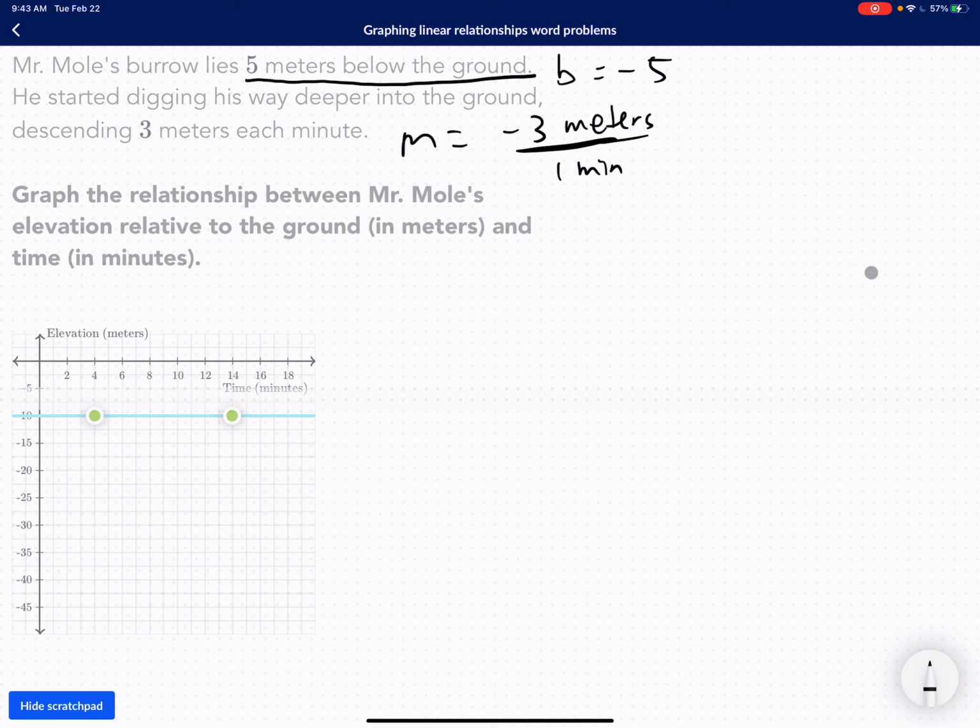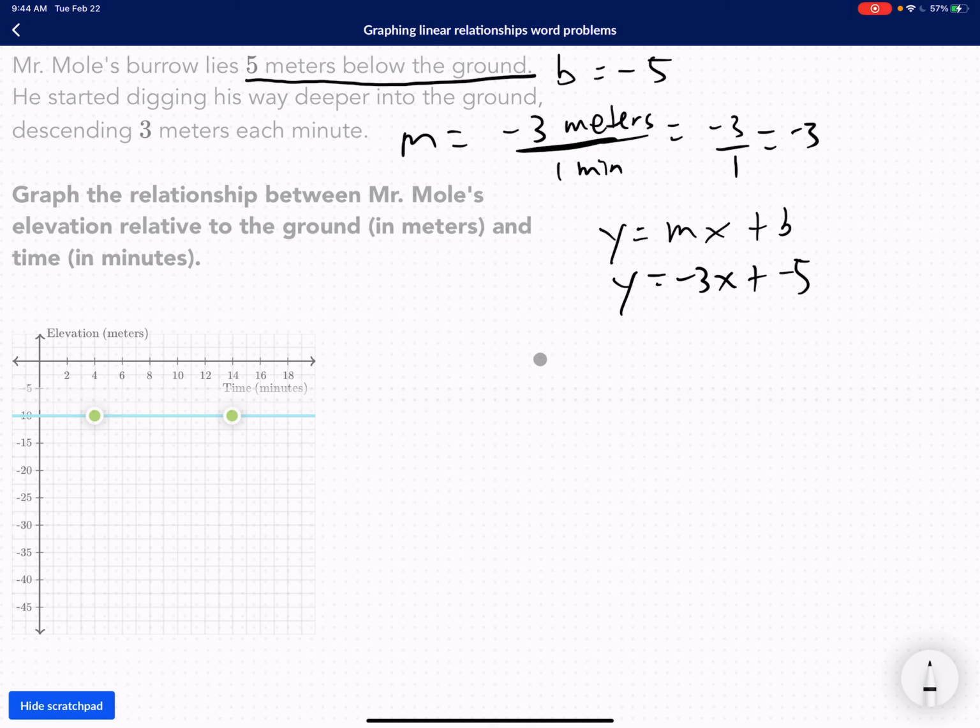So we know the equation y is equal to mx plus b. My b is -5, and my m is -3 over 1, which is -3, so -3x. So that's my equation.